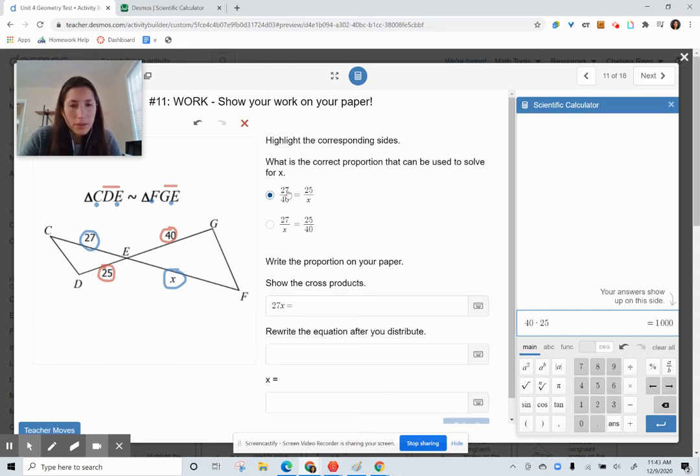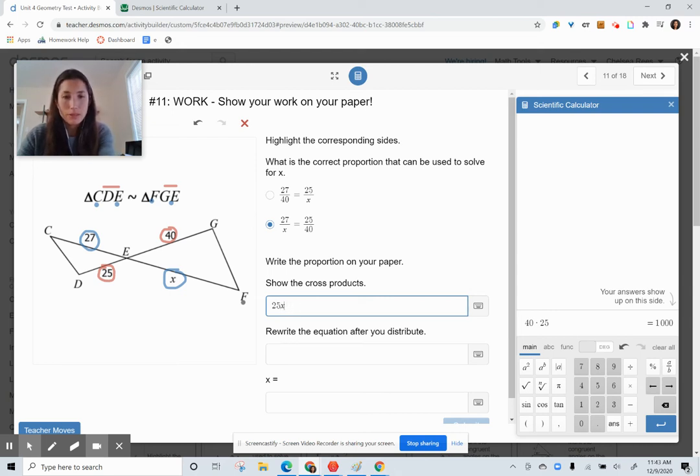Let's see, did I pick the right one? Oh, I should have picked this one: 27 over x, blue over blue equals red over red. All right, so that's actually going to be 25x equals, oops.